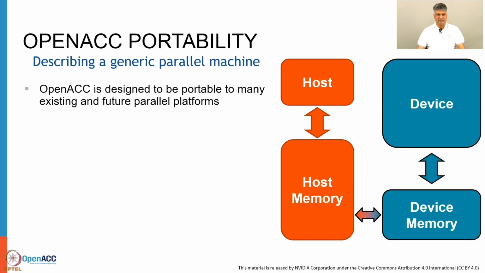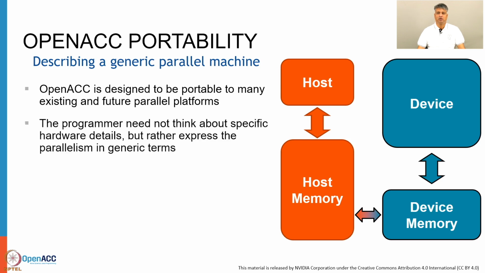Now, the way OpenACC is designed, it is designed to be portable across many existing and also upcoming future platforms. The one advantage that OpenACC gives you is that you do not need to think about the hardware specific details. I would rather have the expression of the parallelism in very generic terms in the code.